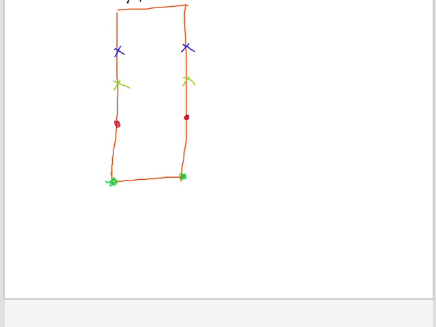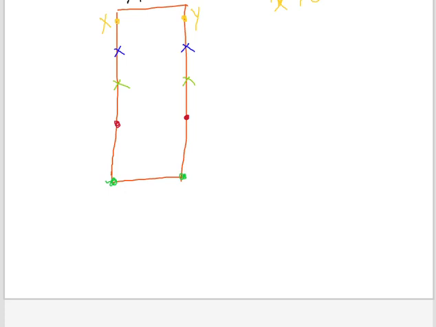For example, this is x and this is y. x has an equivalence relation with y.